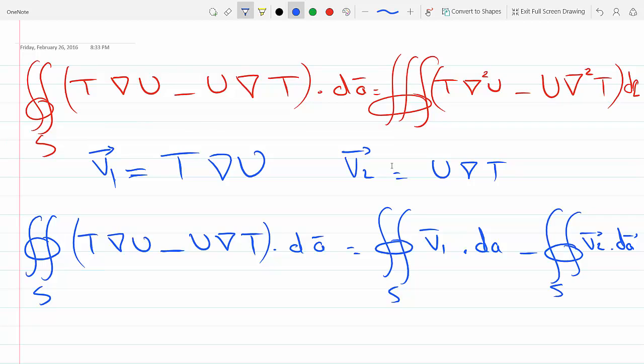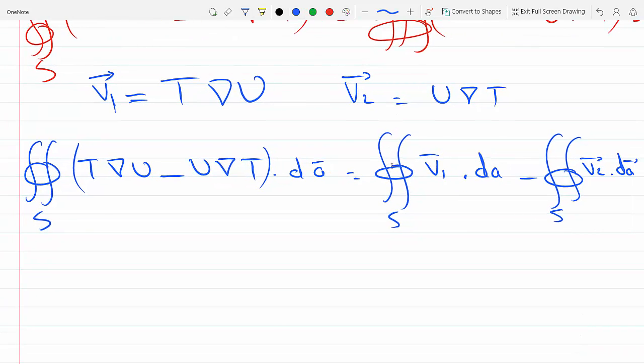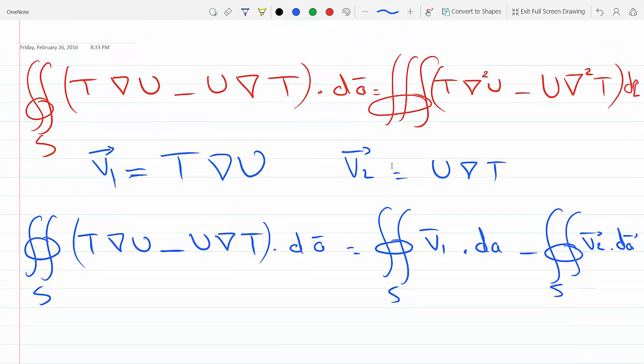Either way, it's an identity, so you can take it either way. It depends on the use. Here I would want to do it the other way around, because I'm trying to prove the right hand side, which is a volume integral.